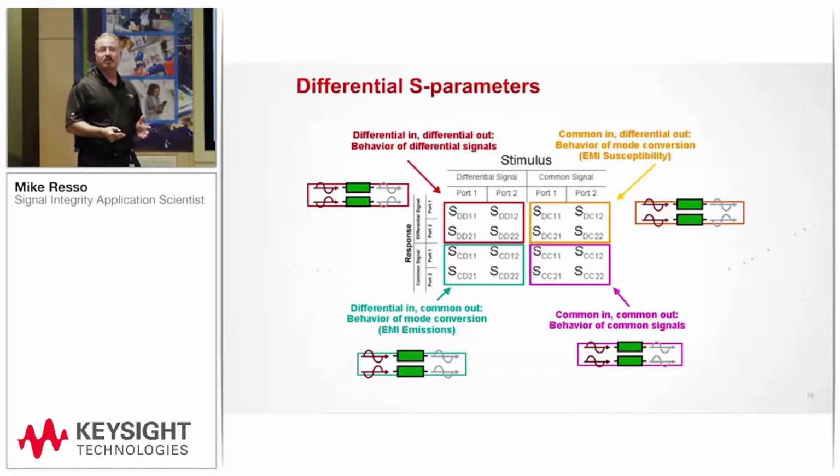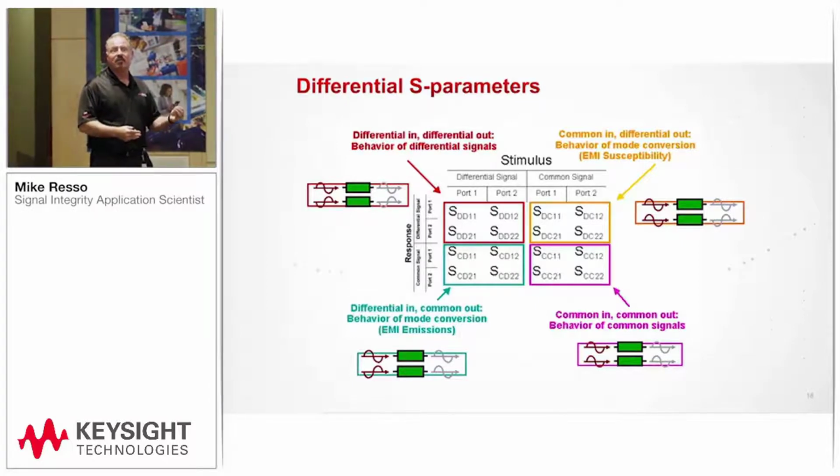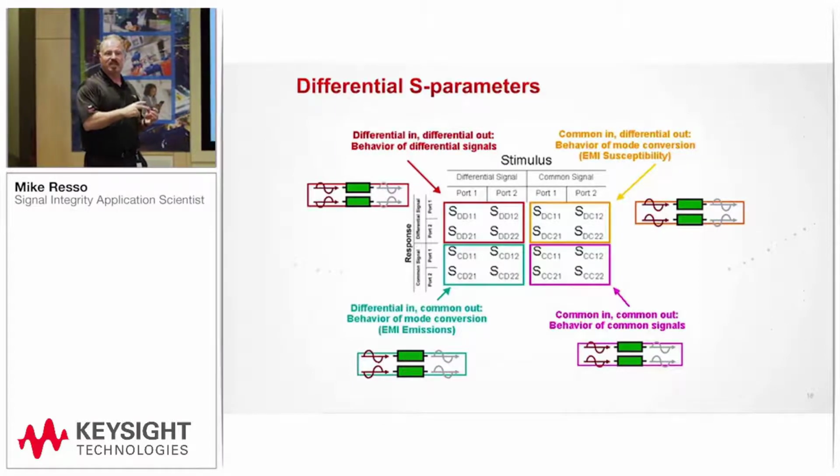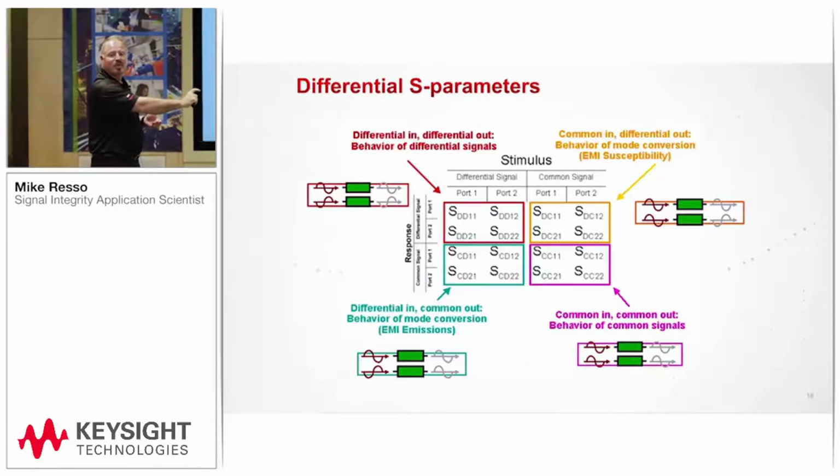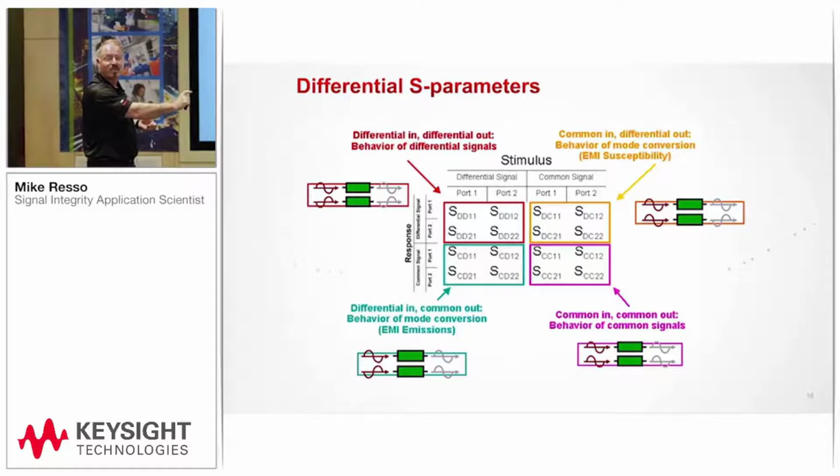That asymmetry will cause an impedance discontinuity and a site for a mode conversion to happen, so that common energy incident on this asymmetric differential pair then gets converted into differential signal and rides along with the data, so that at the receiver you have a small delta voltage that's an error introduced by that incident radiation.